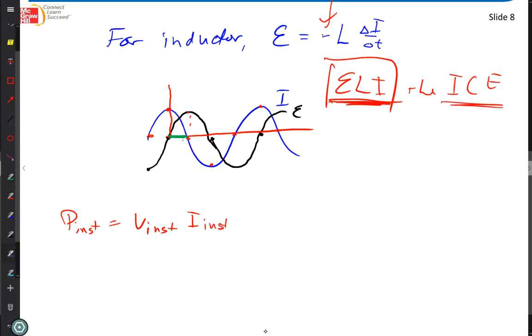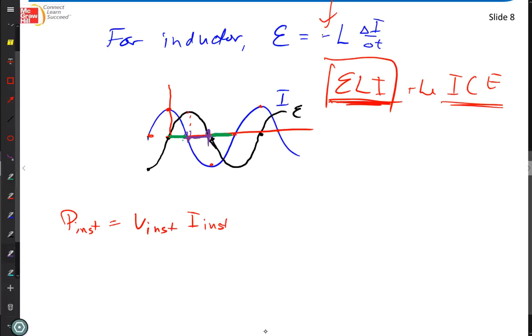But then if I change to purple, from here to there, one's positive and one's negative, which means I'm going to get a negative power there. And then going back to green, they're both negative, which means a positive power.